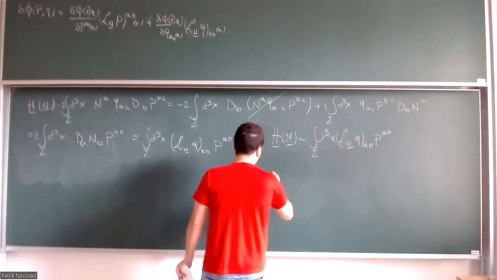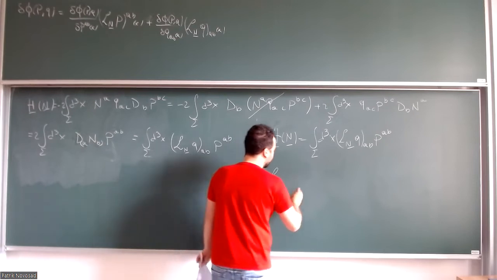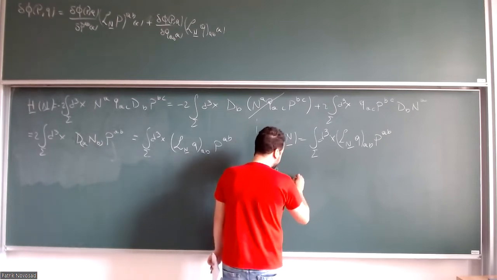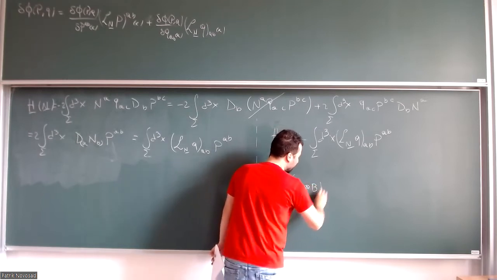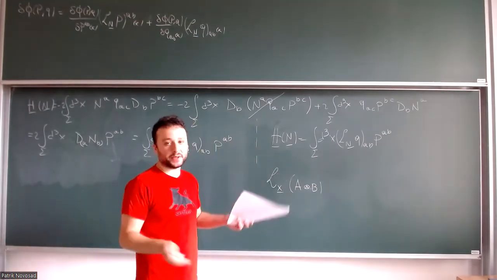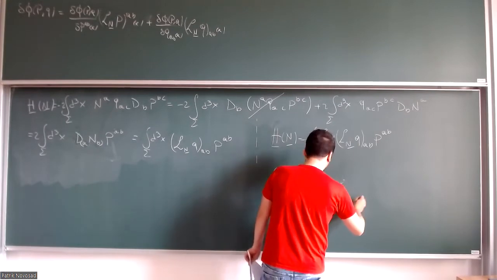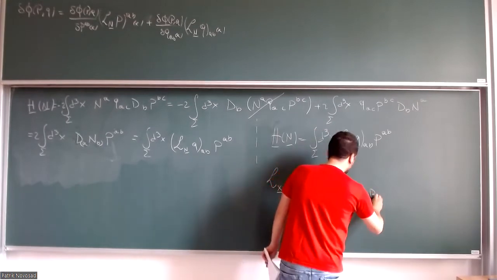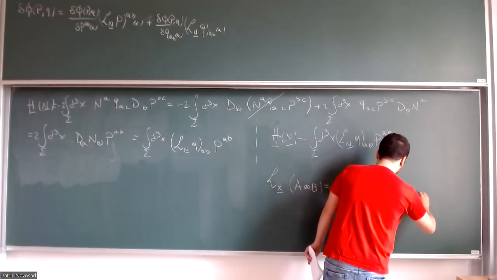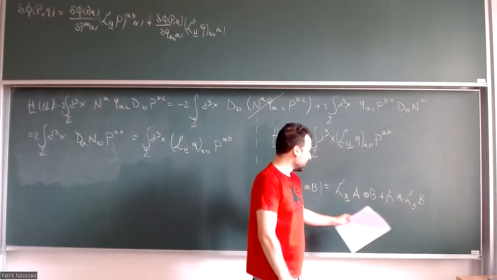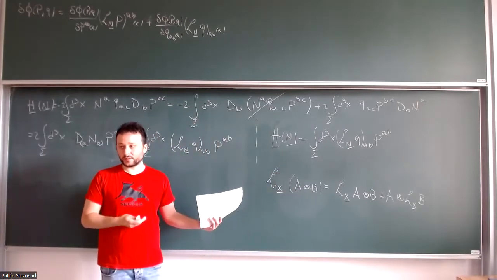That is, that the Lie derivative along a vector field X, generically, of A tensor B, where A, B are two arbitrary tensors, is the Lie derivative of A tensor B plus A tensor the Lie derivative of B. That is, it satisfies this analogous Leibniz rule with the tensor product.